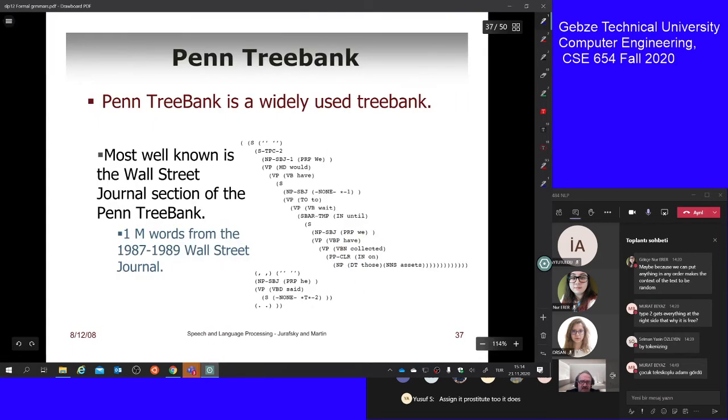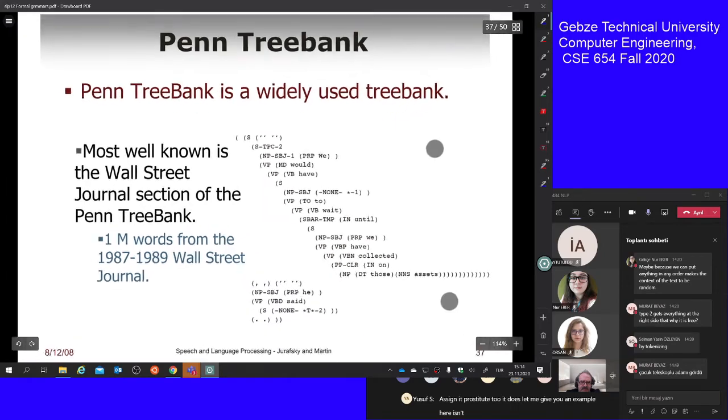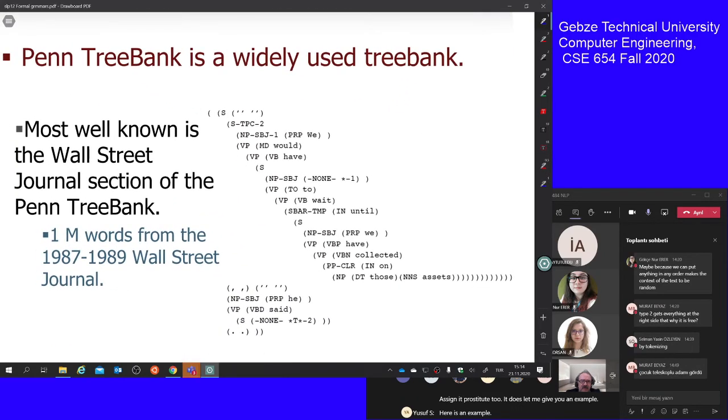Let me give you an example. This is a parse tree of a sentence. It says that this is a quotation, somebody saying something: "We would have to wait until we have collected on those assets," he said.